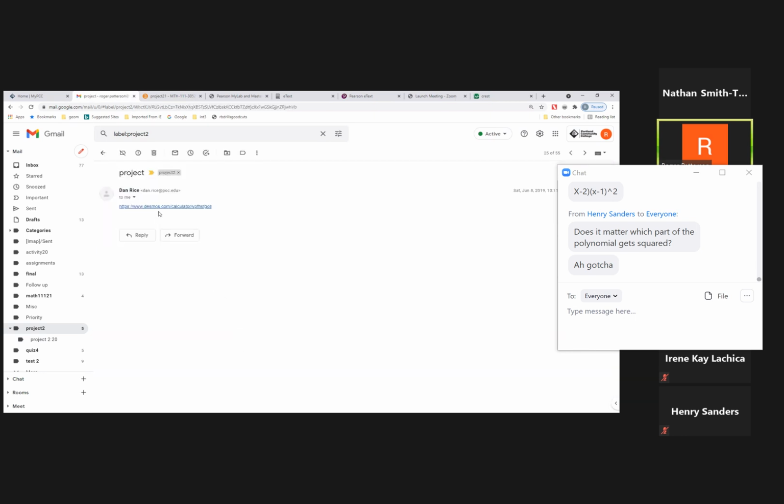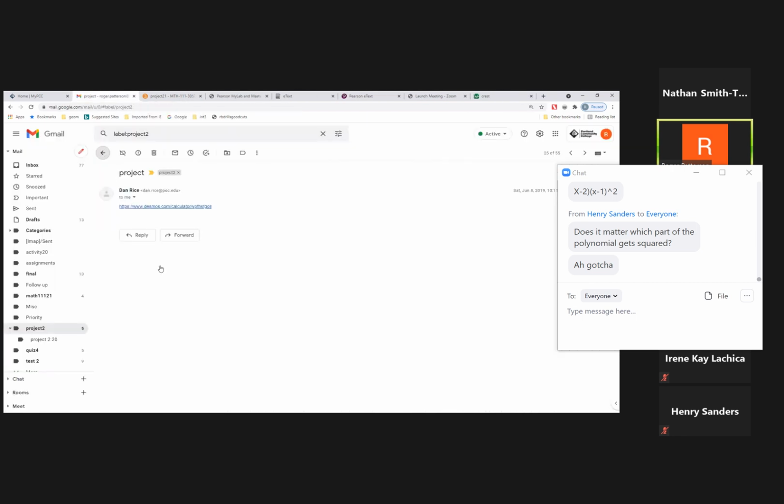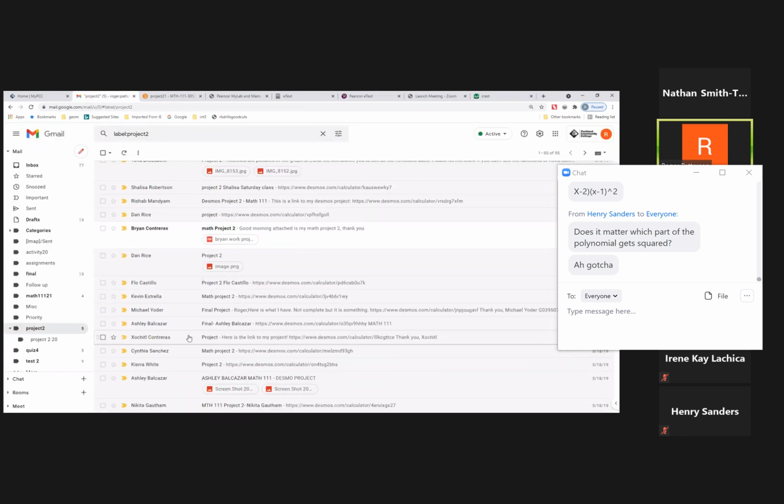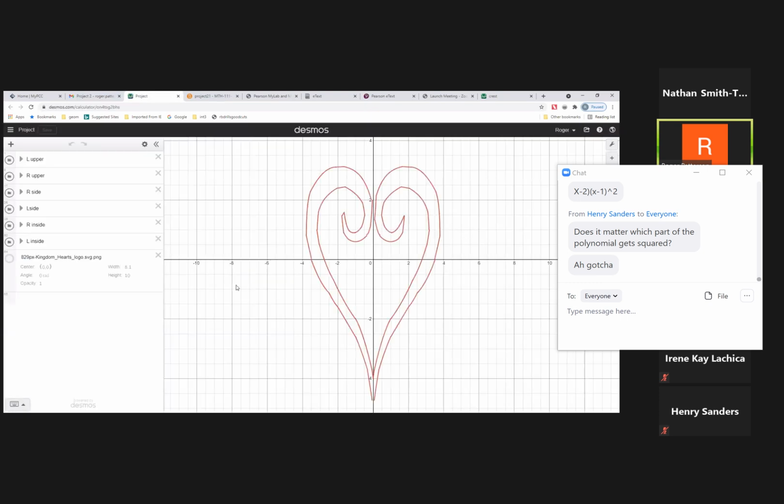Let's see what this one looks like. This was from a few years ago. That's a hand. I think he was telling me he ran out of time to do his too. I think this one was pretty good. It's hard for me to remember.